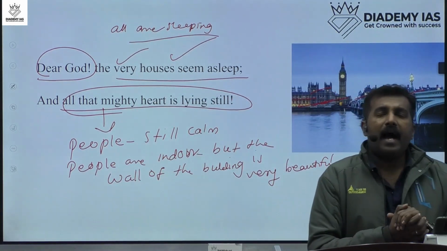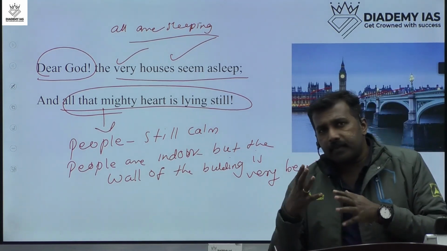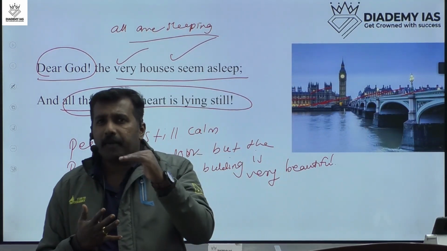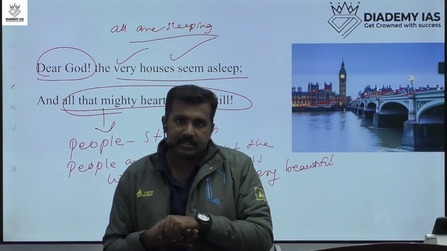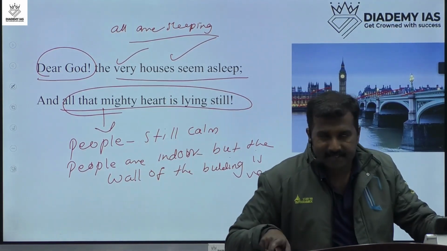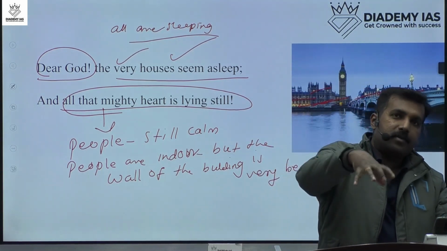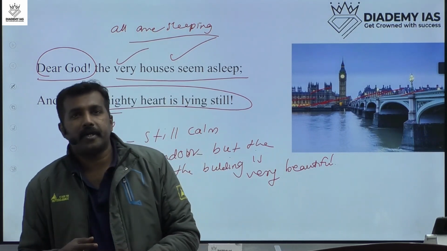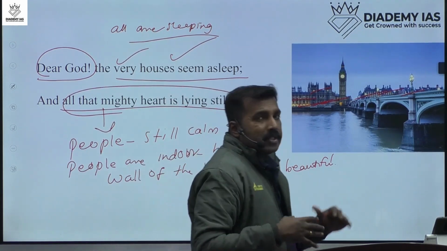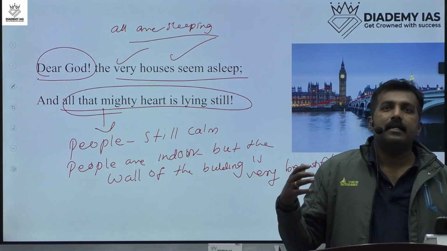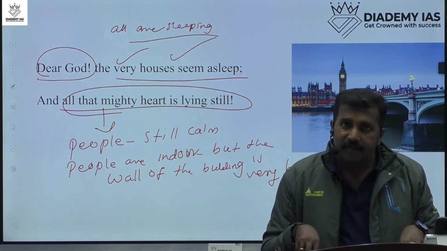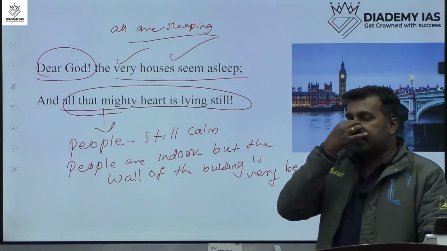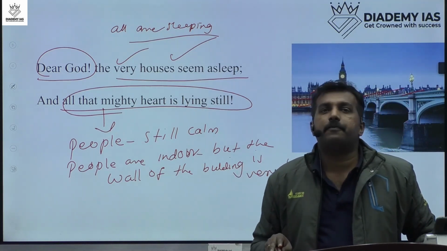This type of Petrarchan poem has two divisions, that is octave and sestet. What is the octave? The initial 8 lines of the poem. And the remaining 6 lines of the poem are the sestet. So this poem has an octave and a sestet.